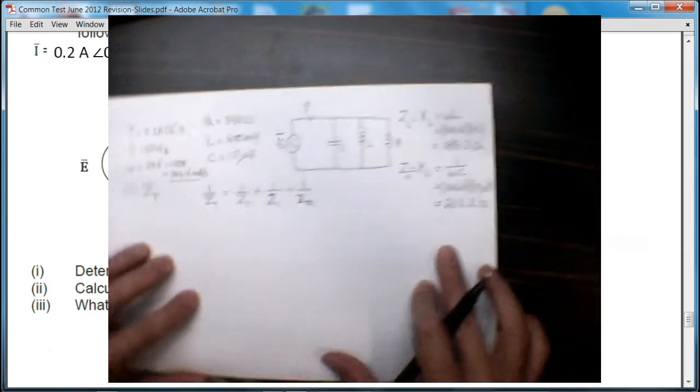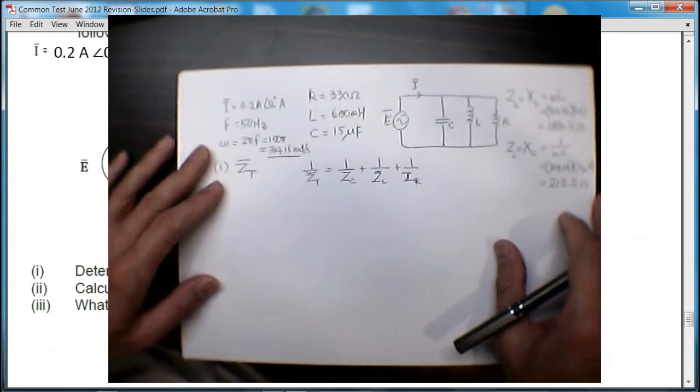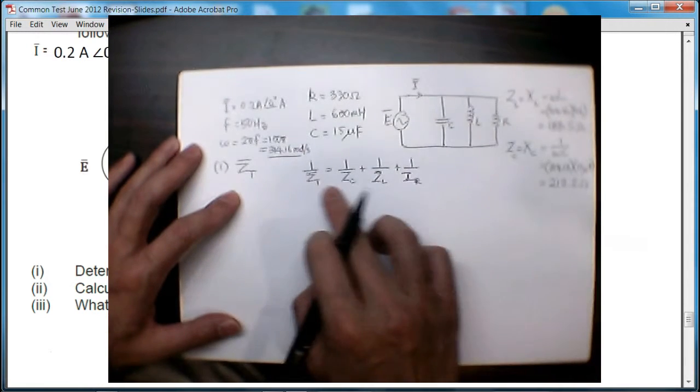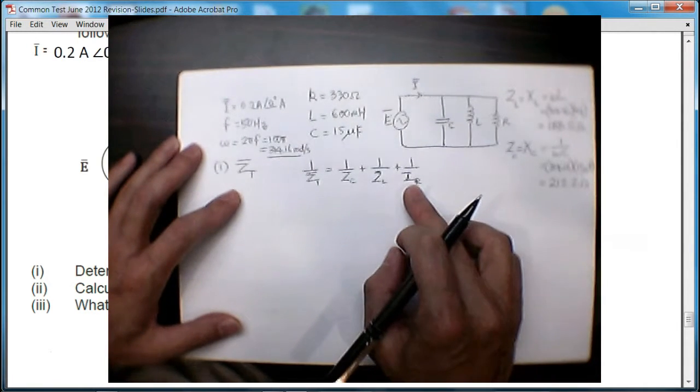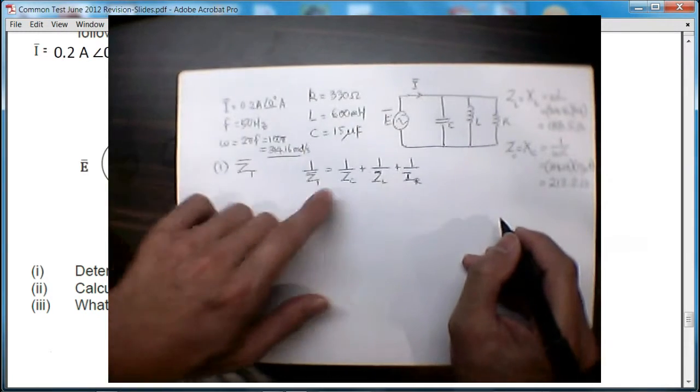Okay, so now I'm ready to substitute the values into this impedance in parallel calculation. So using phasor version, I have XC.